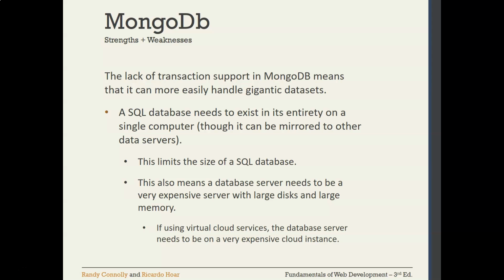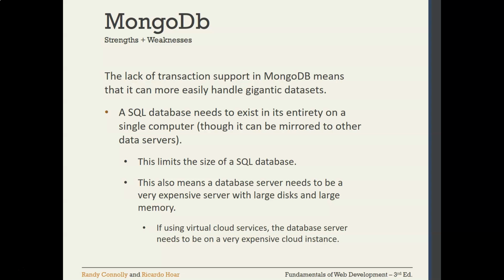A SQL database has to exist on a single computer. Of course, it can be mirrored to other servers, but it has to exist there on that computer. This gives a limit to the size of the database, but it also means that your database server needs to be a really hefty machine, really expensive, large disk, tons of memory.